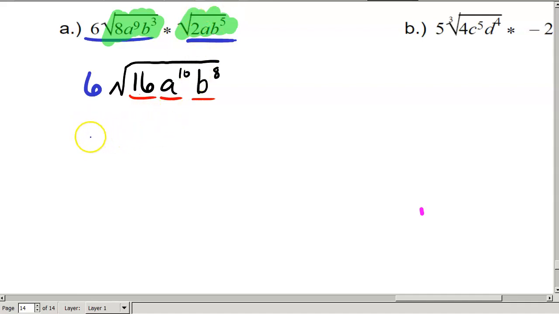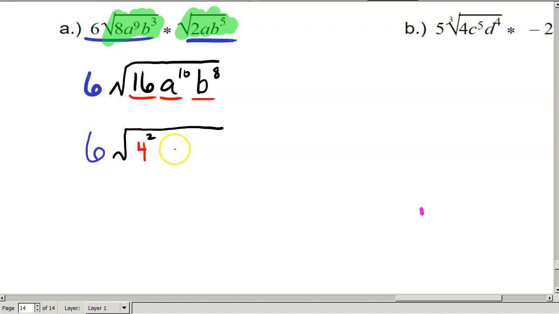So I showed you guys a bunch of different ways to think about that. I'm going to show you kind of the same way as before, but just a little bit quicker maybe. So basically I want to write these as things to the 2nd power, right? So 16 I know is 4 squared, right? A to the 10th, how many a squares can I get in a to the 10th?